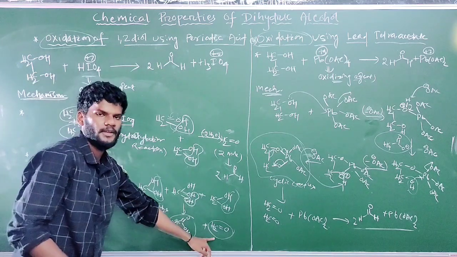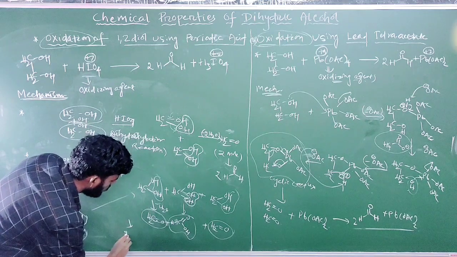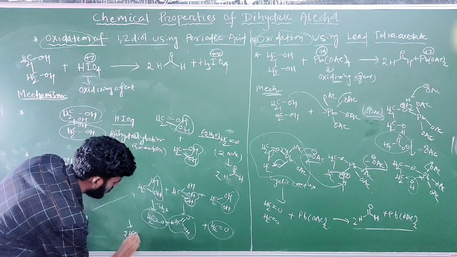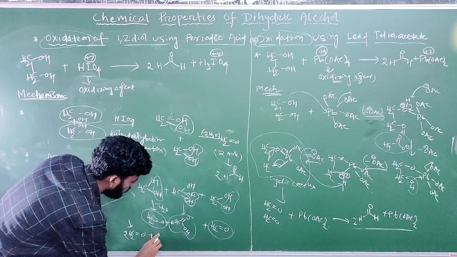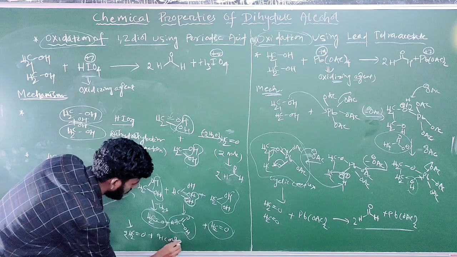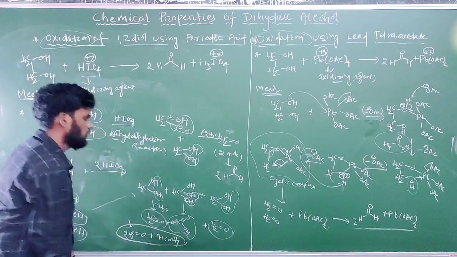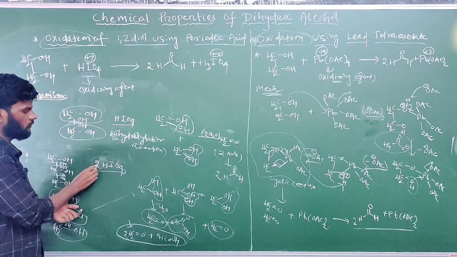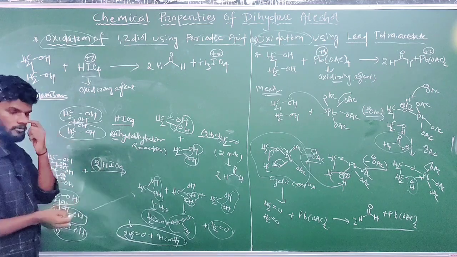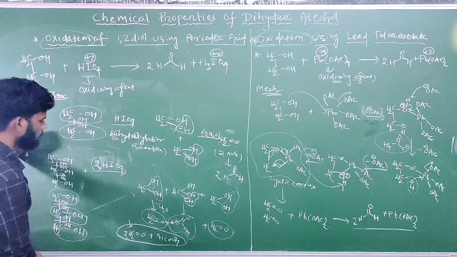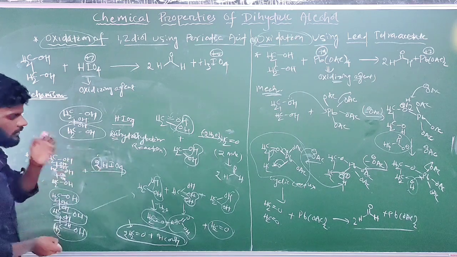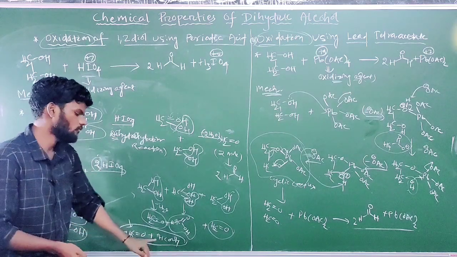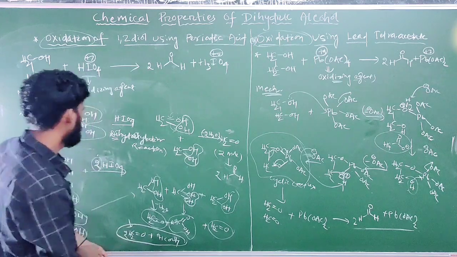So 2 moles of formaldehyde and 1 mole of formic acid. The question asks how many moles of HIO4 we are using to get the product. So 1 mole is added here and 1 mole here also. So 2 moles of HIO4 are added, and we get 2 moles of formaldehyde and 1 mole of formic acid. This is clear.